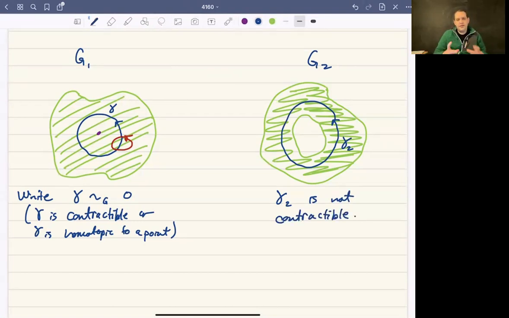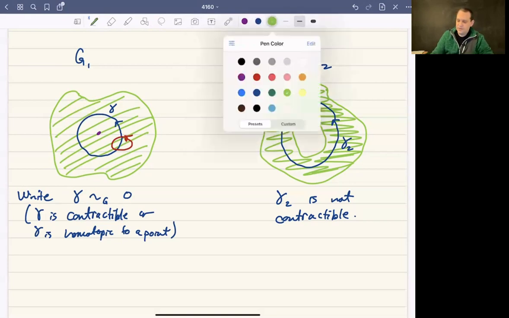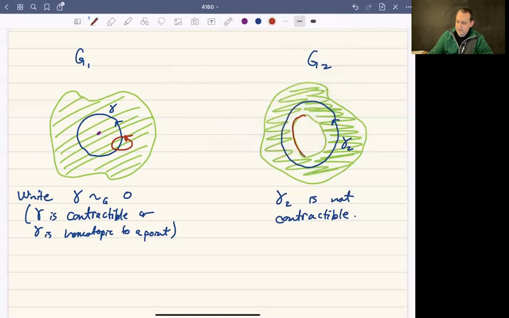And what that means is that there's no way to continuously deform this path to a point while keeping the path in G, right? It's important that the path stays in the set G the whole time, but there's no continuous transformation that can do that. The more that you shrink gamma 2, the only thing that it can really do is it can kind of wrap itself around the inside of the path, right?